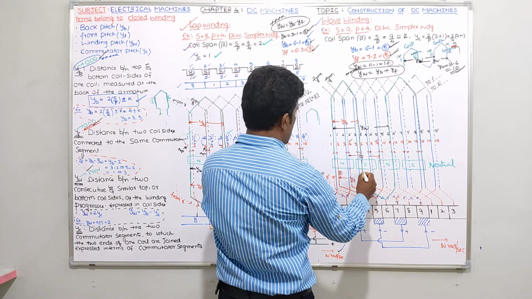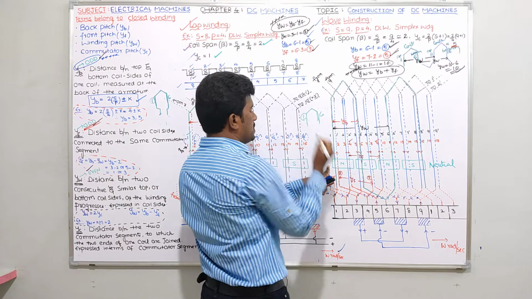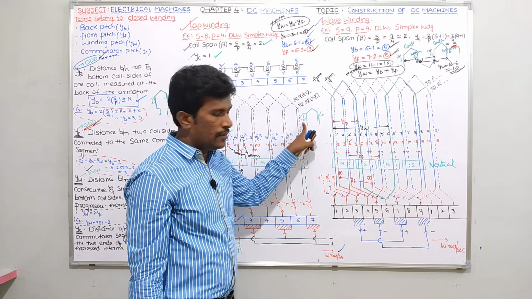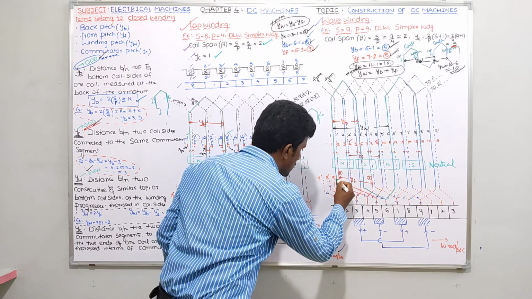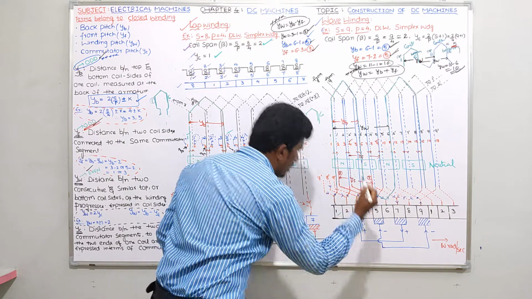So tell me, in this 1 to 6 coil, coil side 1 is connected to which commutator segment? See, try to see here. Yes, this is the one. It means commutator segment number 1.